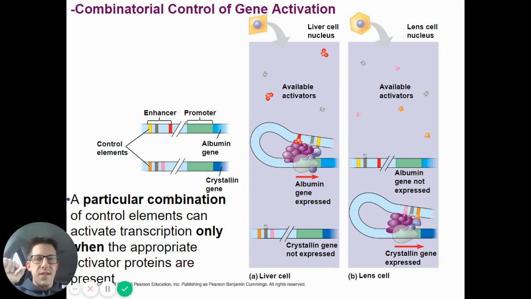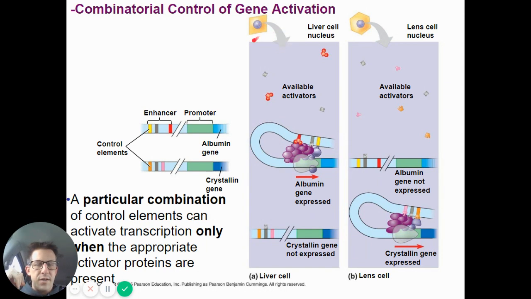All of that stuff is the same. And so this picture here describes how we can actually turn on just certain genes using certain enhancers in certain cells. Okay, and that's at the very end of Unit 4. We talked about differential gene expression. This is what it is. This is what it's all about.